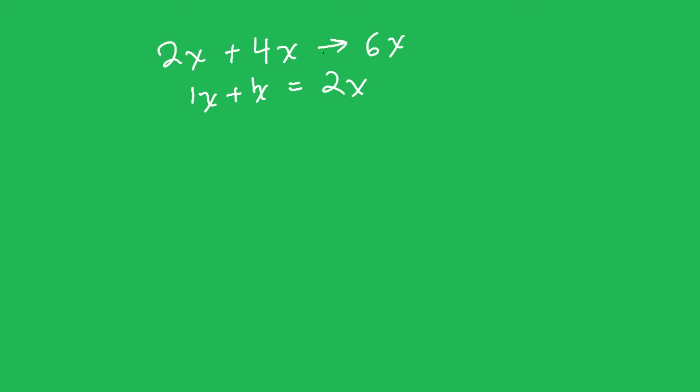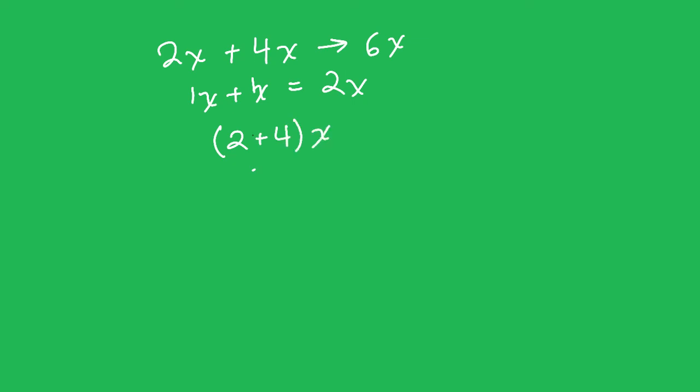But what are we really doing when we combine like terms? If you remember the distributive property, which I hope you do, we're just using the distributive property in reverse of what we did in the past. So 2x plus 4x is really just the quantity 2 plus 4 times x.